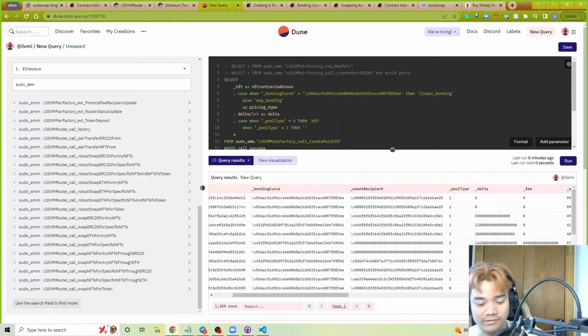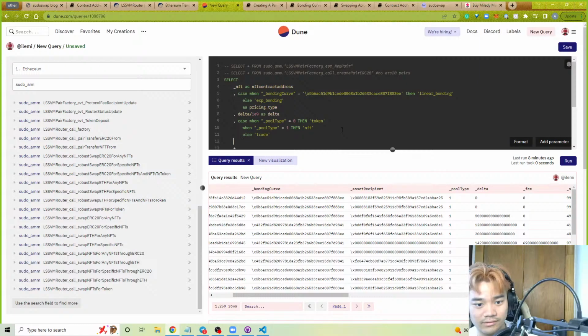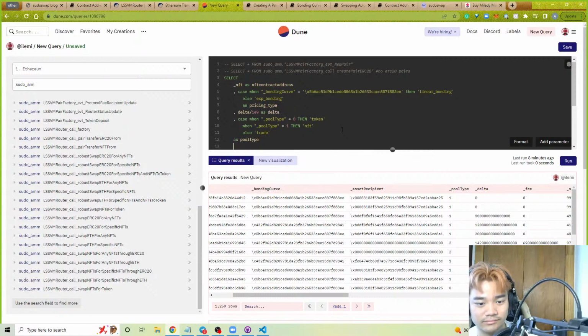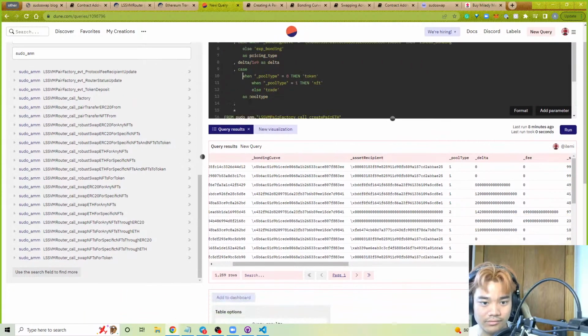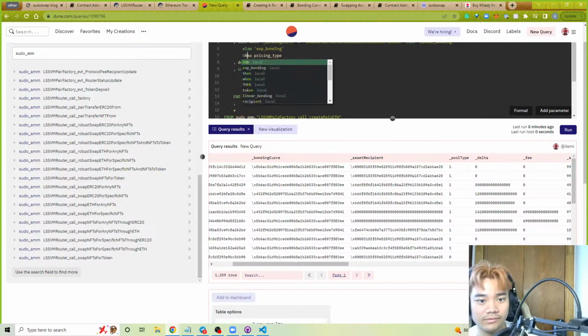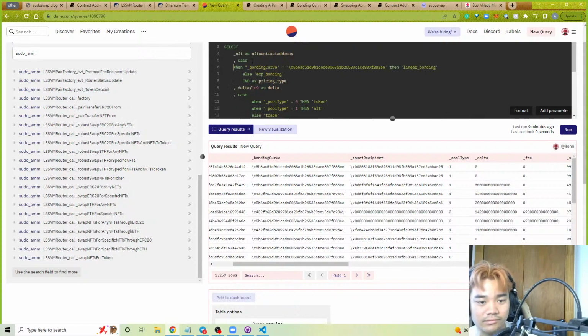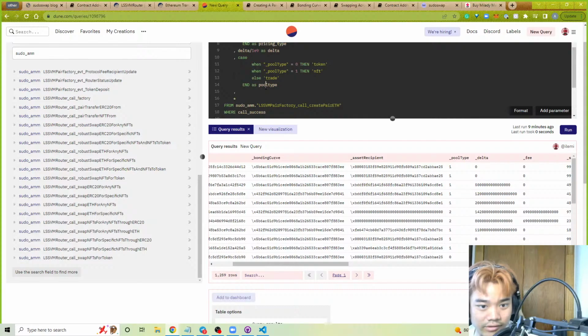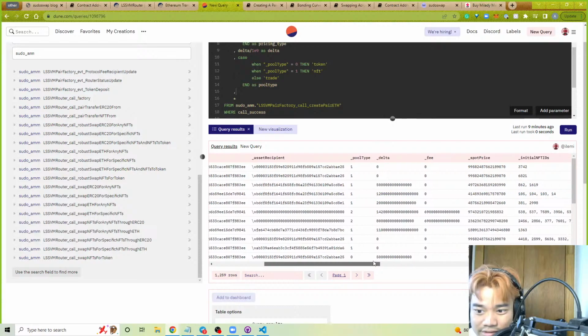Token, NFT, trade, okay. Else trade as pool type. Okay, that's pool type. Curve, NFT address, asset recipient, I'll worry about later.